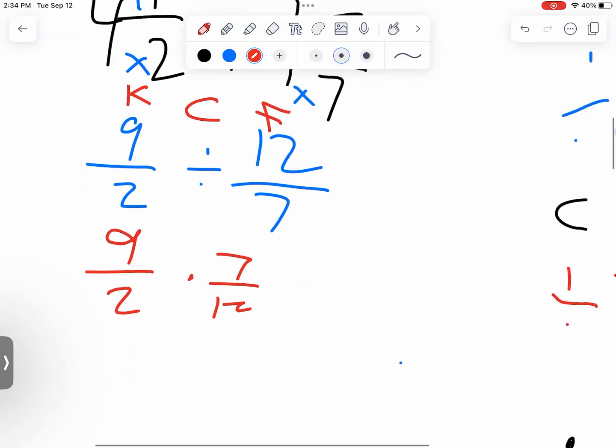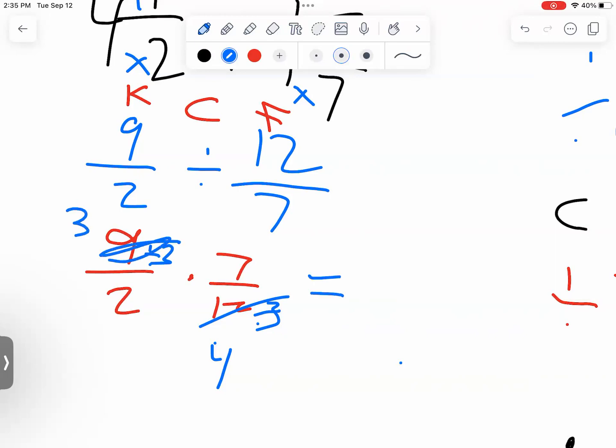Okay. So the only thing we can do with this one is divide by 3. 12 divided by 3 is 4. 9 divided by 3 is 3. So you multiply across. 3 times 7 is 21. 2 times 4 is 8.